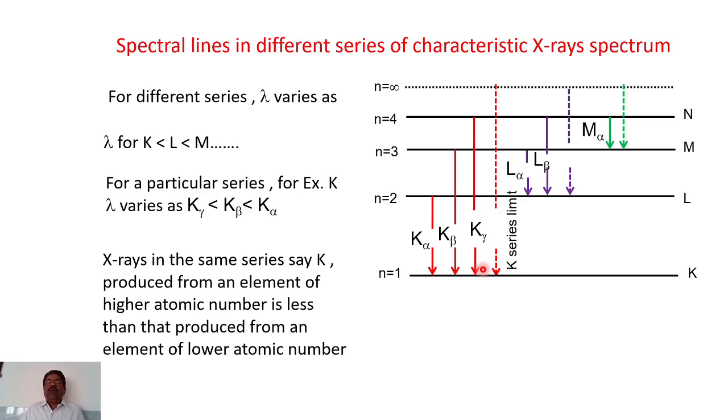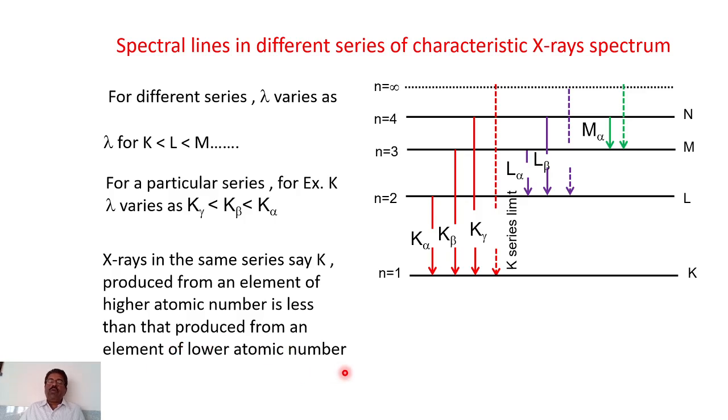Now, if you consider the target material, X-rays in the same series, for example K series, produced from an element of higher atomic number, that means the target element having higher atomic number, so this X-ray in the same series, that is K series, produced from an element of higher atomic number has a wavelength less than that produced from an element of lower atomic number. Why is this so?